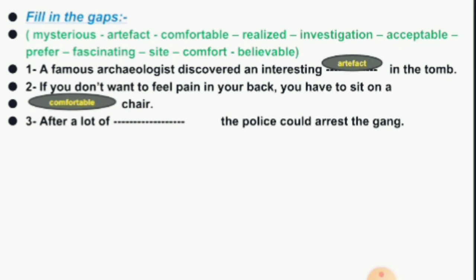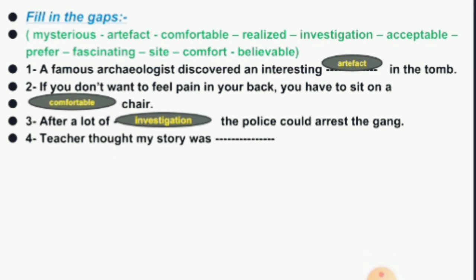Let's see question number 3. After a lot of space, the police could arrest the gang. So what's the word? Very good. Investigation. You are right. Question number 4.